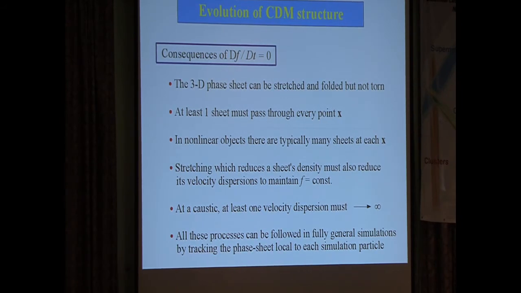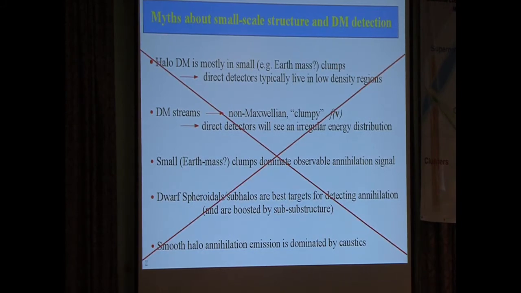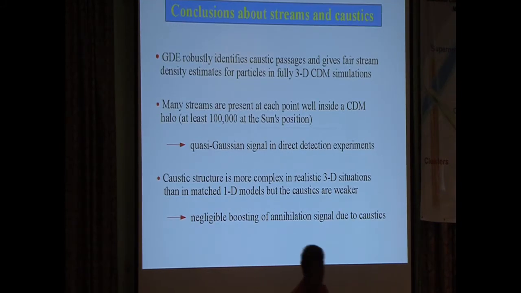So let me just skip through all this part to the conclusions at the end. What I didn't tell you about, which is how to calculate this, is to actually follow the geodesic deviation equation, as in general relativity, along every orbit, because that tells you what the local phase space density is doing, and you can actually identify the caustics directly without even looking at neighboring particles.